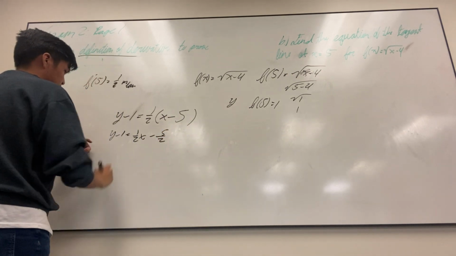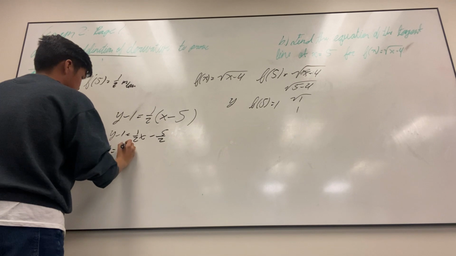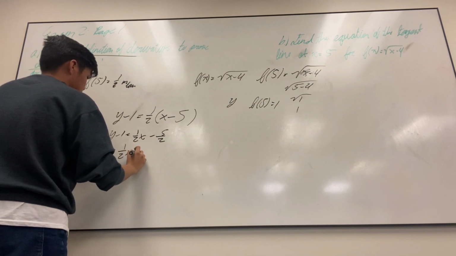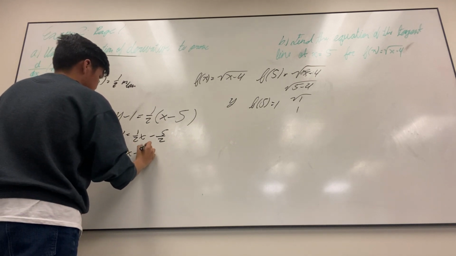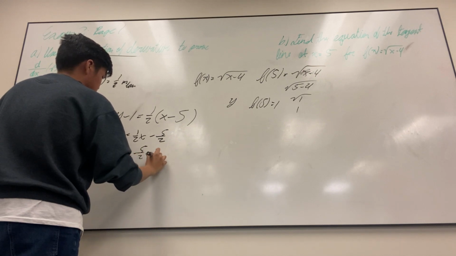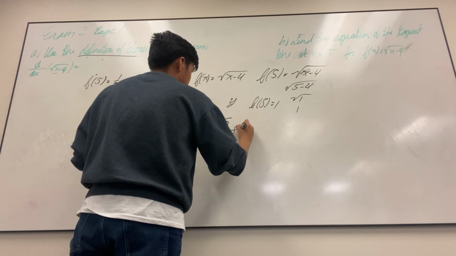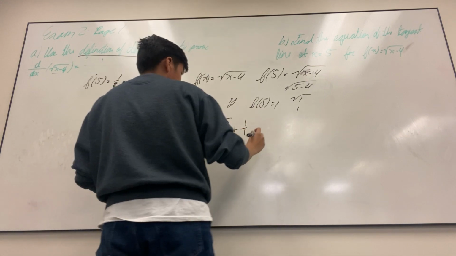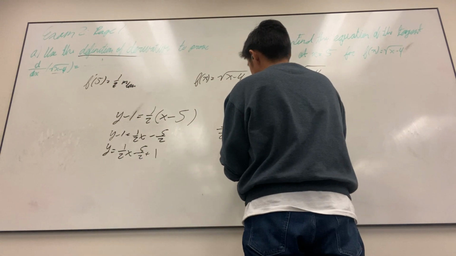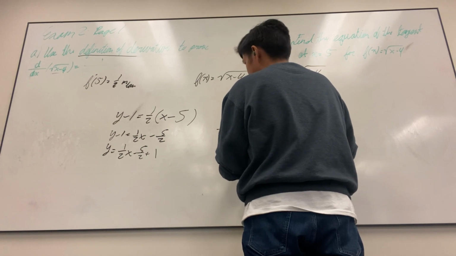To isolate the y, we add 1, so y equals 1/2 x minus 5 over 2 plus 1. To find the common denominator, we have 5 over 2 plus 1 over 1. The common denominator is 2, so then 2 over 2. This is negative.